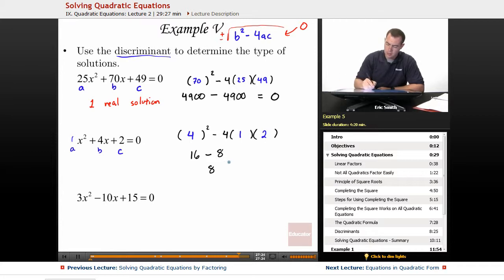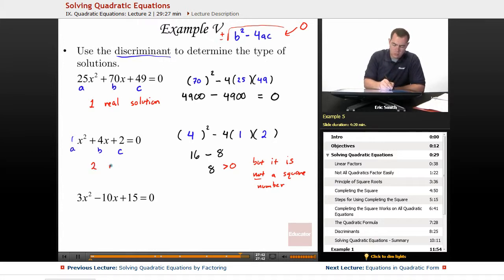Alright, so this number is greater than 0, but it is not a square number. So what I can say is that I will have two real solutions. But since it is not a square number, they will be irrational.